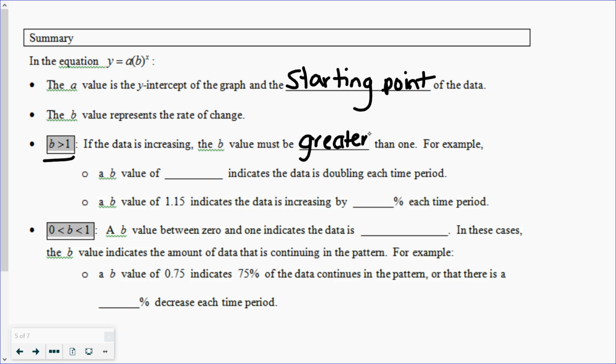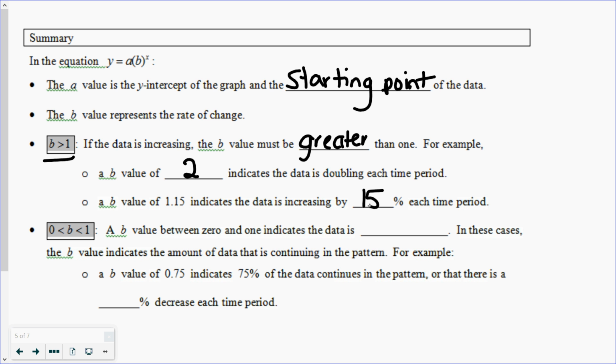So for example, we saw a b value of 2 in one of our bacteria questions. A b value of 2 indicates the data is doubling each time period, and a b value of 1.15 indicates that the data is increasing by 15% each time period.